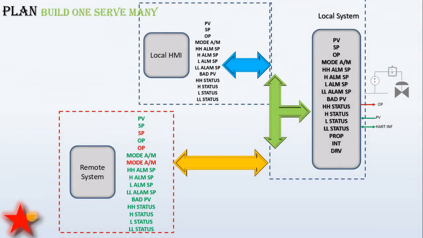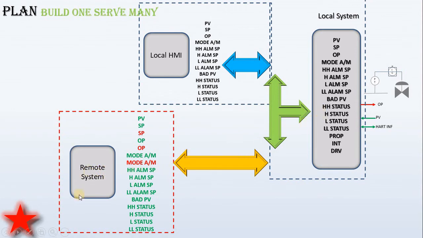Similarly, if you have a PID loop, you go through the same exercise. The thing you have to think about is, let's say, the set point. The set point can come from local or remote. When you are in local mode, the remote is only reading your set point, but it cannot write to it.